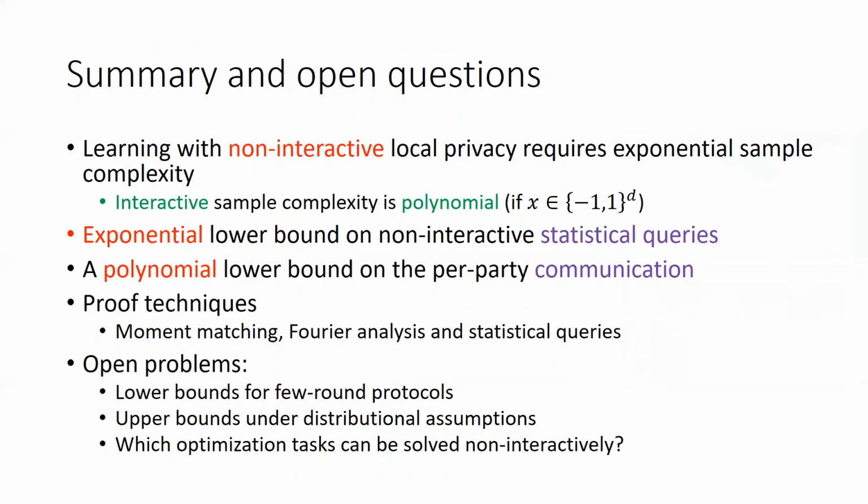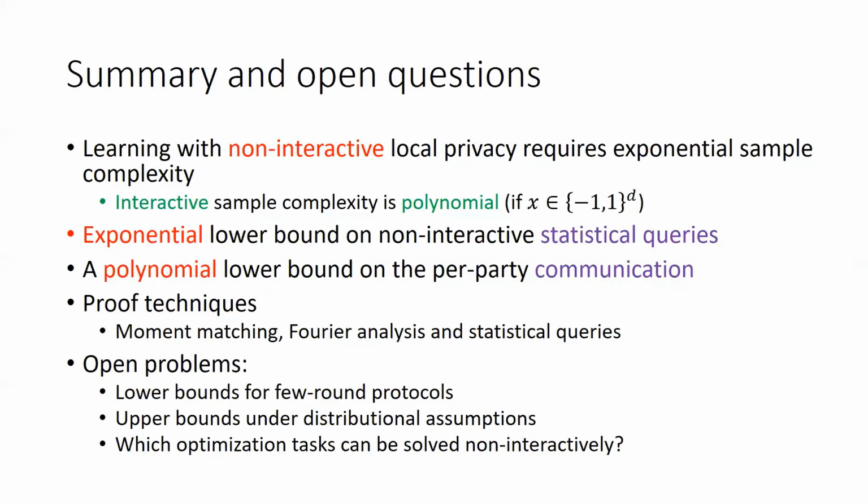And the same proof implies an exponential lower bound on non-interactive statistical queries and a polynomial lower bound on the number of bits that each user has to send in the non-interactive communication model. Now, for the proof techniques, we use moment matching, Fourier analysis, and statistical queries. And finally, with excitement, let's move to the open problems.